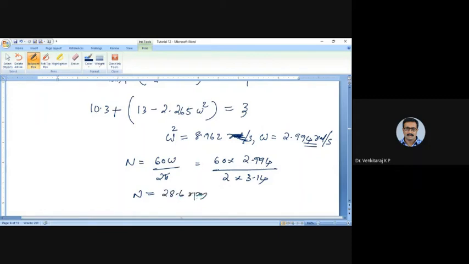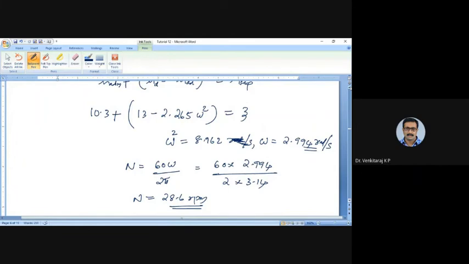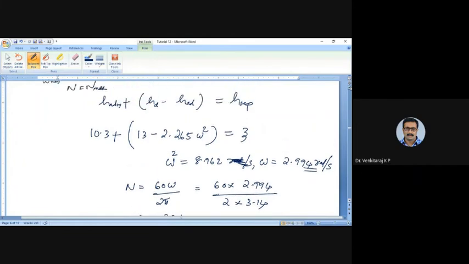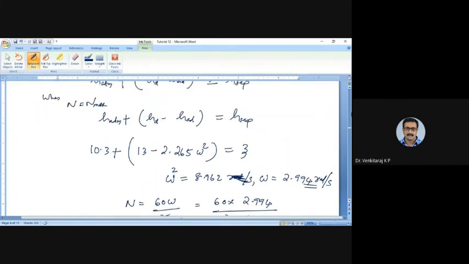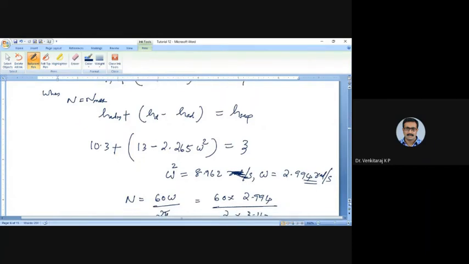So you have two values now obtained for the speed, one corresponding to the condition in the suction pipe and the second corresponding to the condition in the delivery pipe.